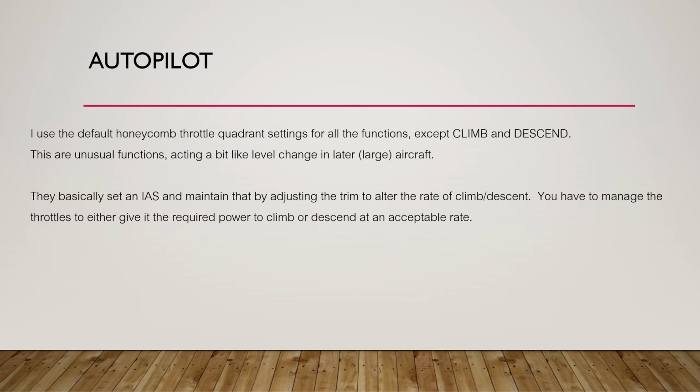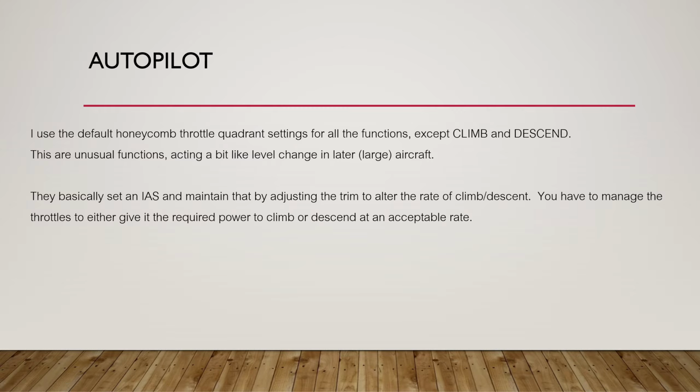If you did it manually, you would either have to give it more power to climb, or aim to fly slower and trim so that you'd be climbing. So that's what it does. It manages that, and it chooses an airspeed and does the best rate of climb it can with that airspeed, with the power you've got.